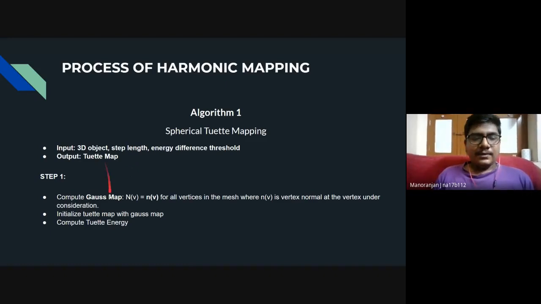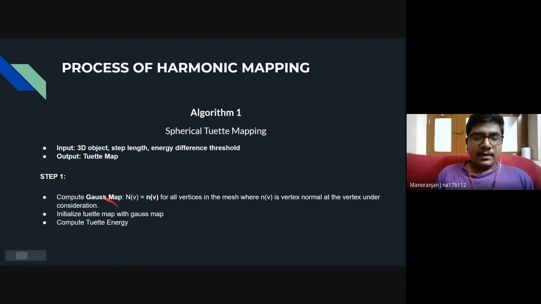For computing the Tewart map itself, we should start with another map called the Gauss map, for which we have to compute the normals of all the vertices, and that will represent the Gauss map. Since this is an iterative procedure, we initialize the Tewart map with the Gauss map, and then we go on with that procedure.